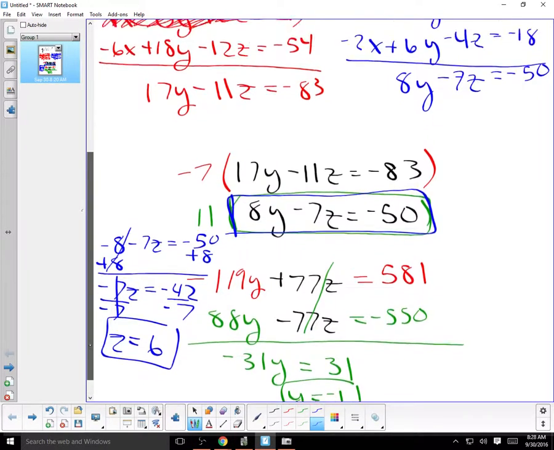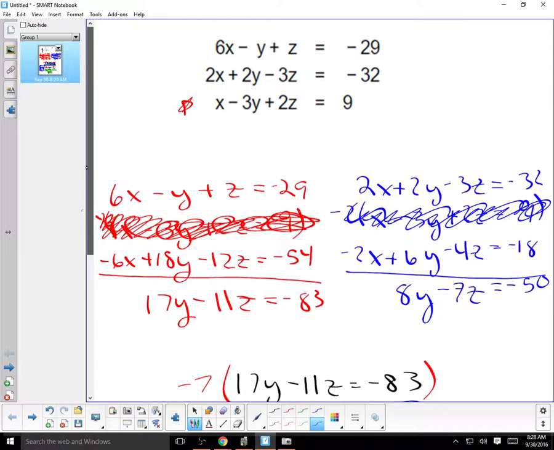Now I go all the way to the very top and use one of those two equations. I think I'm going to use the very first one up there. Just looks cleaner, huh? All right, so I'll use the green this time because there's no green up here. So 6 times x. What was y? Negative 1 plus z is negative 29.